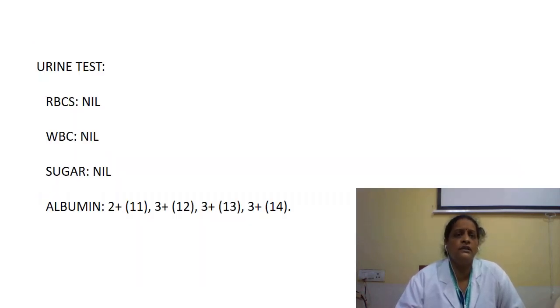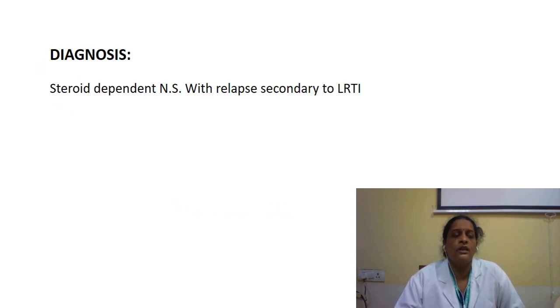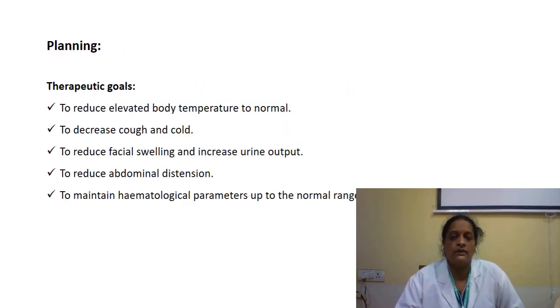On the urine test, RBCs were nil, WBCs nil, sugar nil, and albumin was positive. Based on the laboratory investigations and subjective evidences, the diagnosis was steroid dependent nephrotic syndrome with relapse secondary to lower respiratory tract infections.